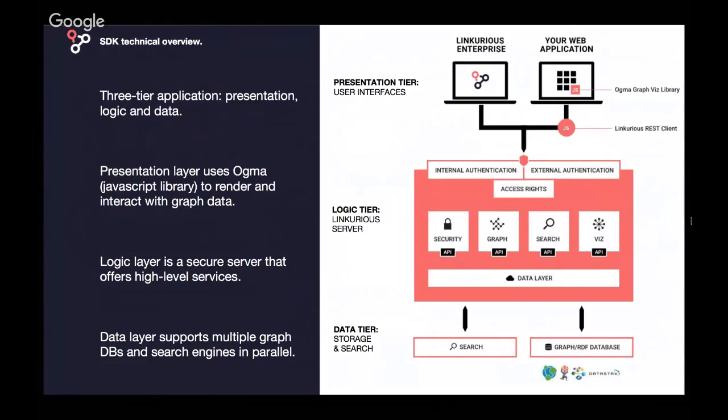And that graph database is the data tier, composed of the graph databases that we currently support, which are Neo4j, Titan, Allegro Graph, and DataStax, as well as a search engine. So that's to give you a broad overview of the different pieces. And now I will move on to more technical detail on each of them.